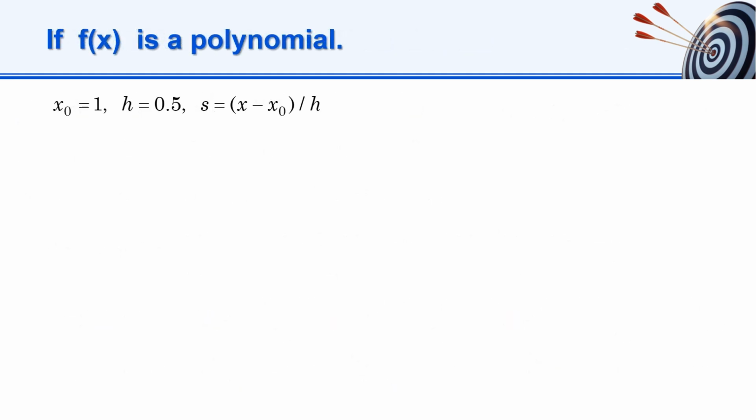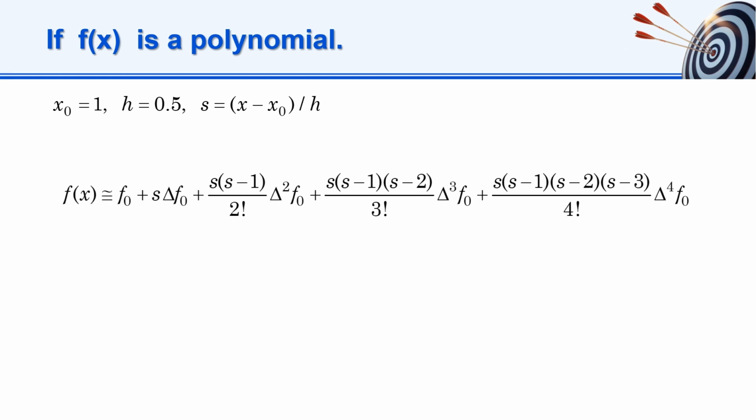Recall that the third differences in the interpolation tables were 6, and the fourth difference was 0. This outcome implies that fx is a third-degree polynomial. In this case, it is possible to find the true polynomial fx using any one of the forward, backward, or central interpolation formulas.